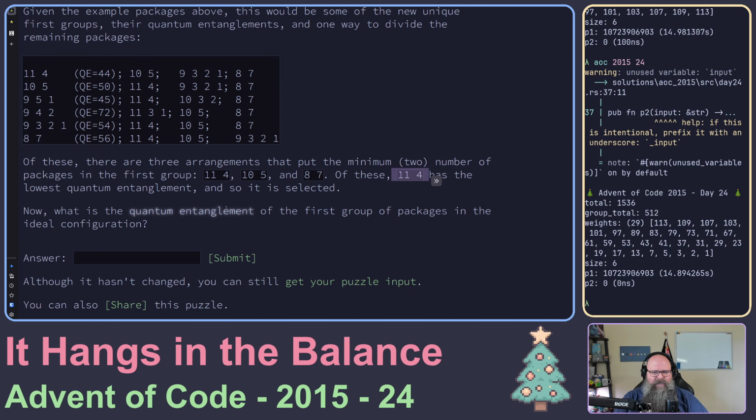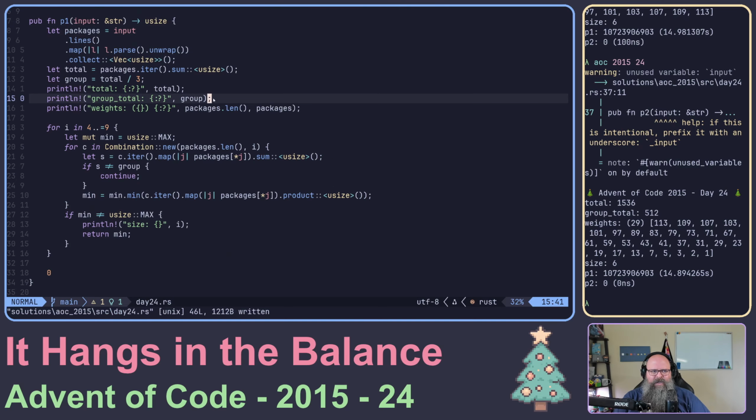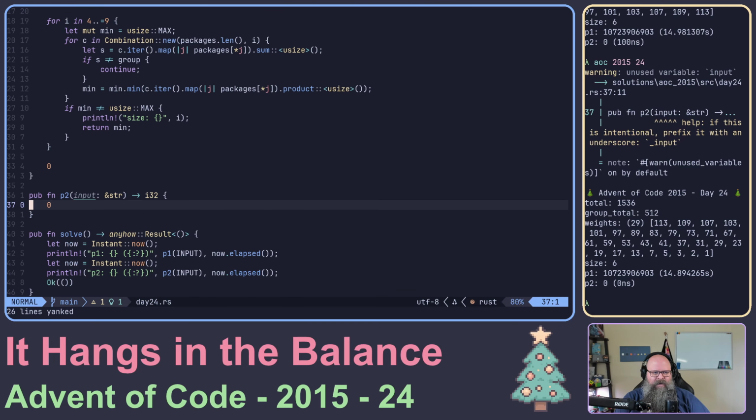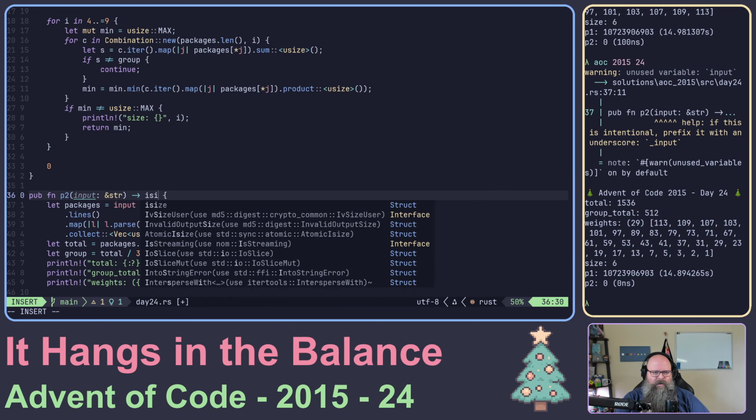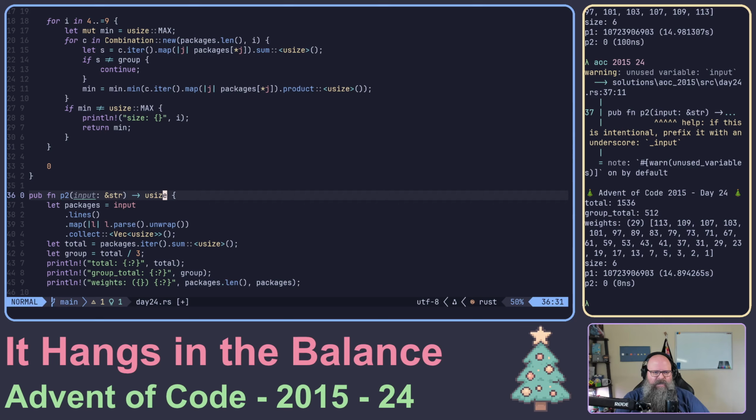Now, what is the quantum entanglement of the first group of packages in the ideal configuration? So this is the same problem, just we're now dividing by 4 instead of 3. usize.